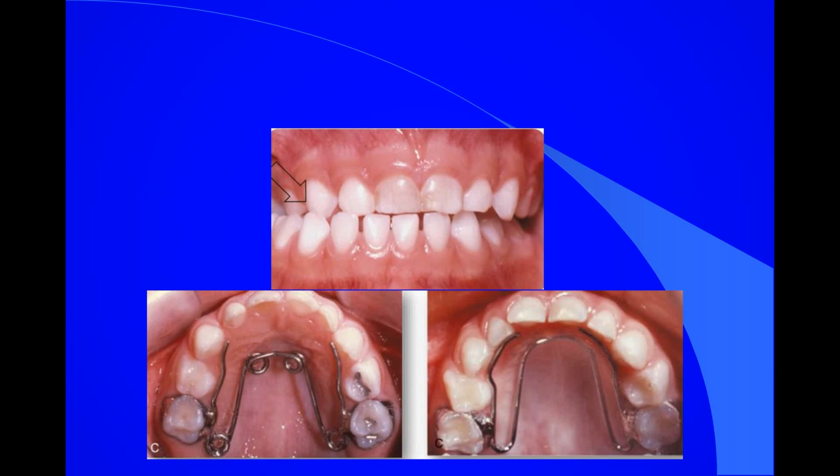The preferred appliance is an adjustable lingual arch that is banded to the lingual arches. We can also consider the age of the patient and the severity of pathology.